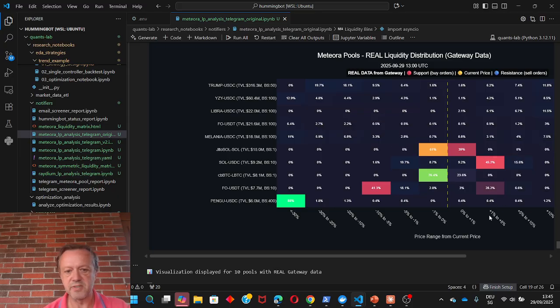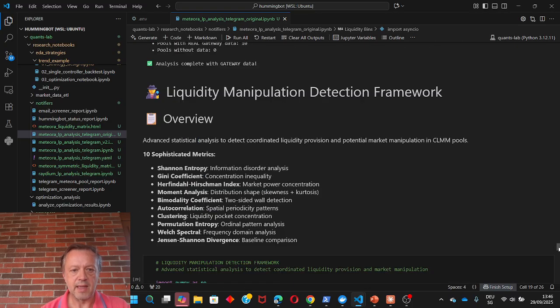This is going to help you see where liquidity is currently sitting and where the market makers are mostly active. Then, coming to the final point of our research, is the liquidity manipulation detection framework. Here, the notebook uses 10 statistical metrics that help identify manipulation risk or certain imbalances that may exist in the pool of Meteora.